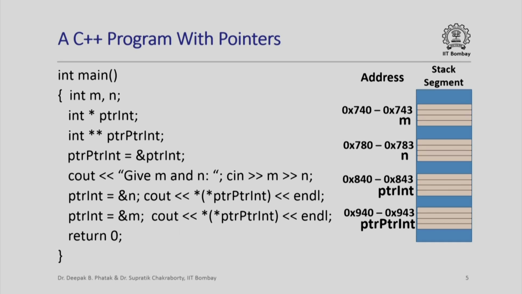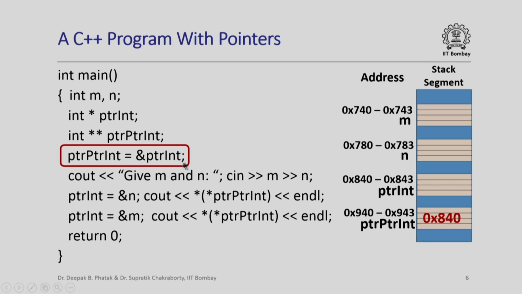So if I assume that all addresses in our computer's memory can be represented in 32 bits or 4 bytes, then pointer int itself needs 4 bytes, and these could be the 4 bytes in the stack segment allocated for pointer int, and this could be the range of addresses for those 4 locations.